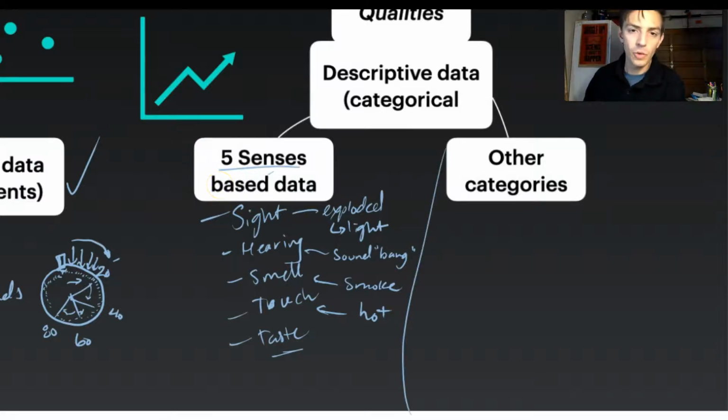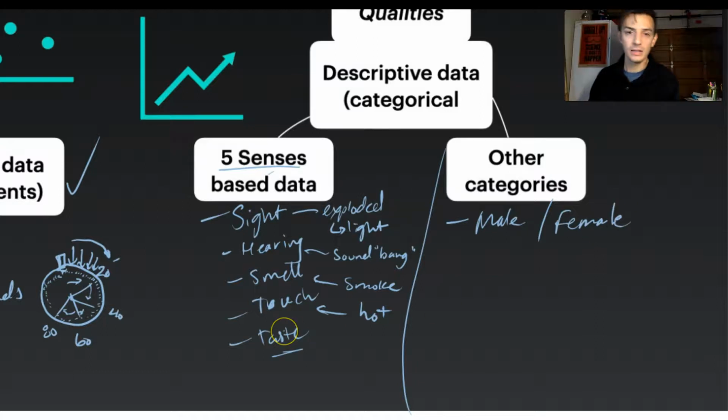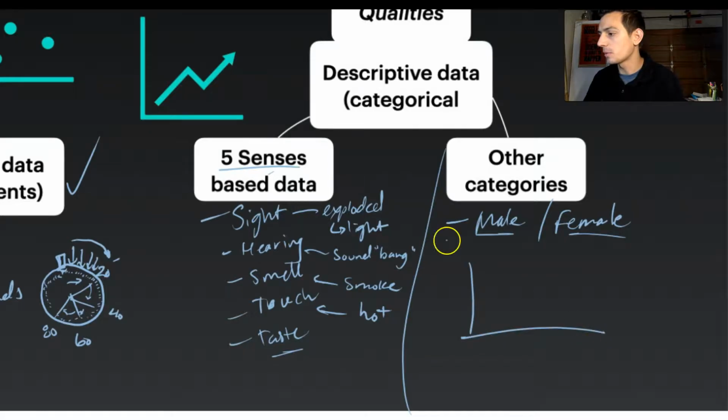But you may be wondering, what about other types of data? Well, for instance, what about male and female? That's data, right? If somebody claims male or female, that kind of information would go into your study. And you would be able to come up with some information about that. And so you might say, well, how many people are getting COVID?